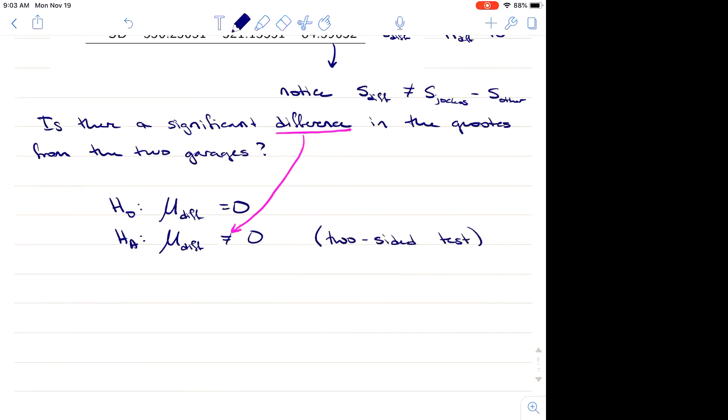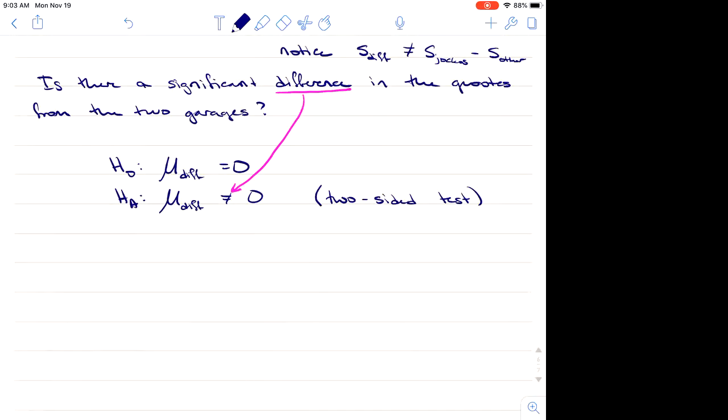Nice. Because it turns out we don't care which one's higher, which one's lower. We do, but I don't want to add that extra element. And so we just want to know, is there a difference between these two groups?